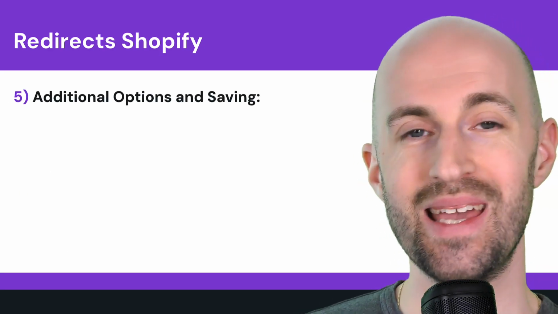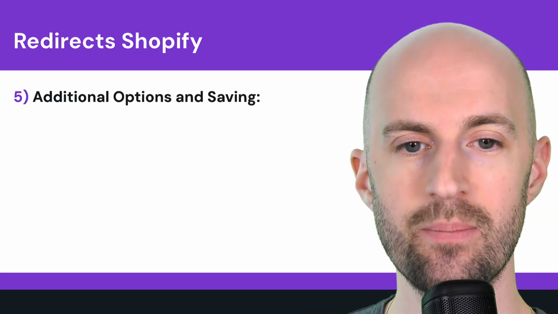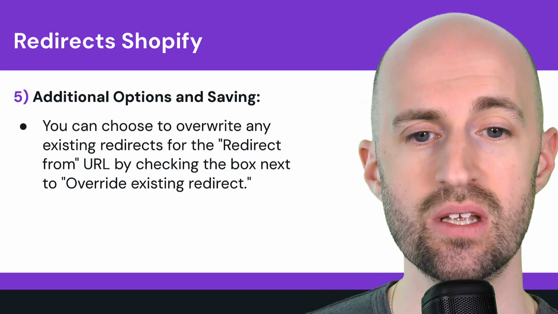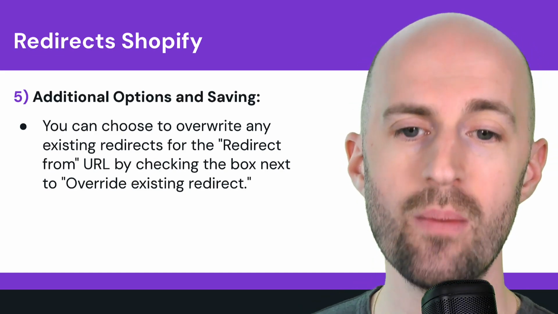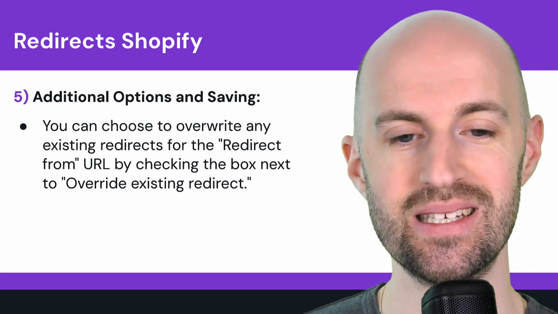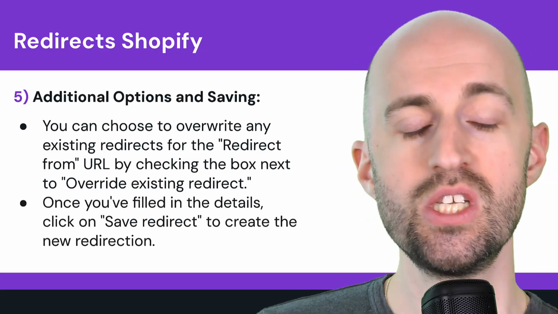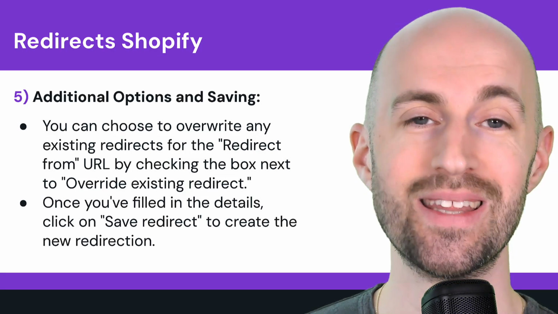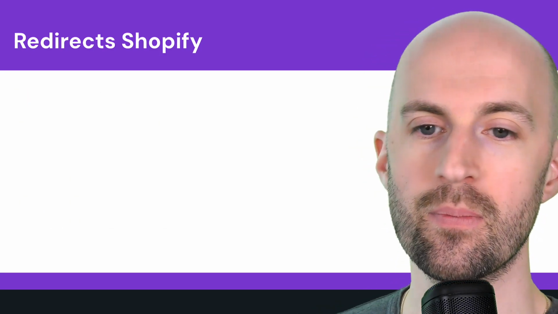Step 5, additional options and saving. You can choose to overwrite any existing redirects for the Redirect From URL by checking the box next to Override Existing Redirect. Once you've filled in the details, click on Save Redirect to create the new redirection.